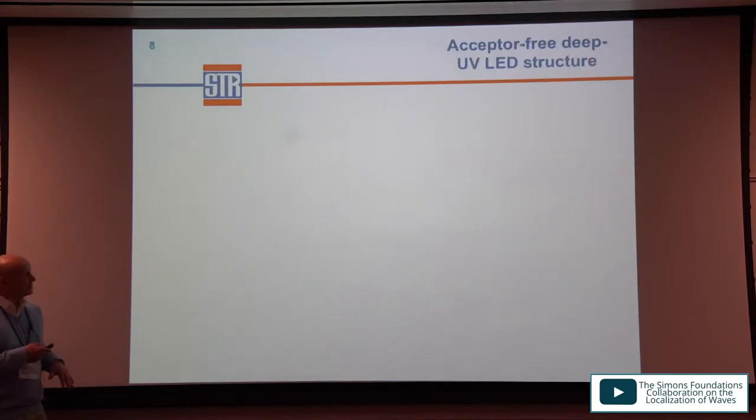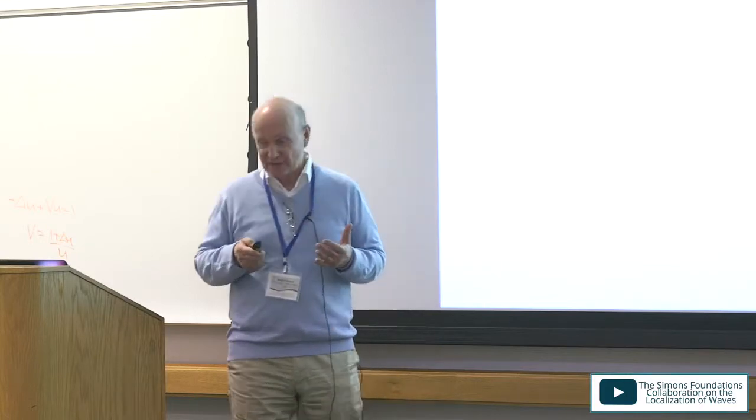For instance, there is a big problem with deep UV LED structures, because deep UV LEDs operate with aluminum gallium nitride alloys, and the activation energy of the magnesium acceptor in these alloys is very high. It exceeds, in the case of aluminum nitride, 300 millielectron volts.